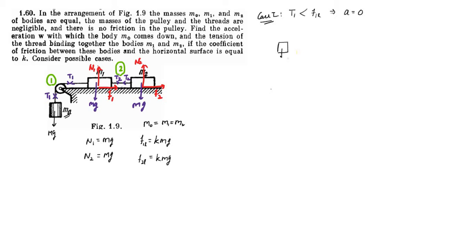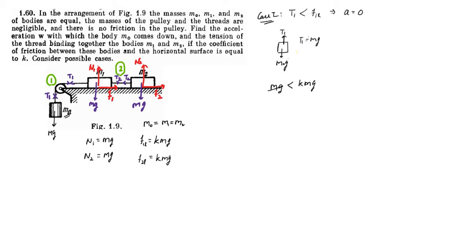If M0 is in equilibrium, that means the force mg equals T1. So here we have T1 equals mg. From this equation, T1, that is mg, should be less than the limiting value of F1, which equals k into mg.